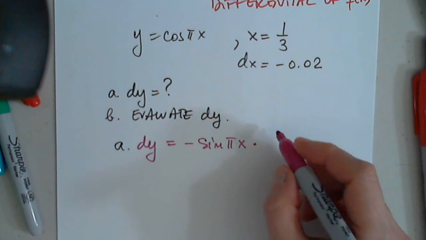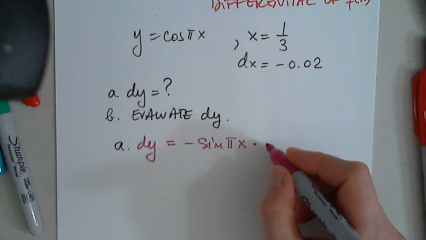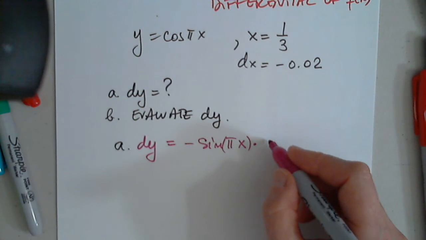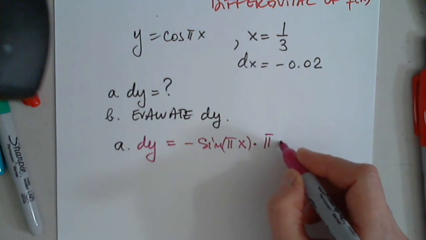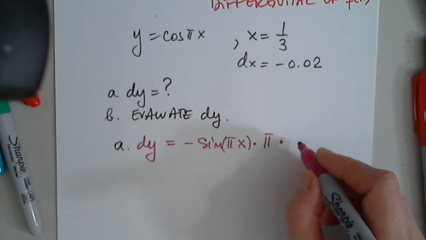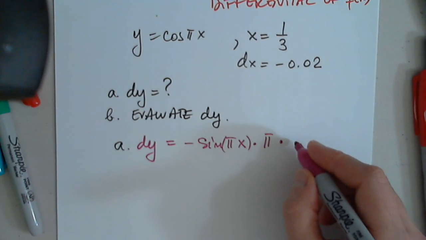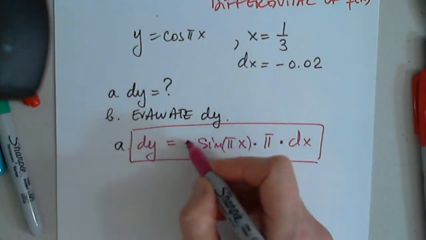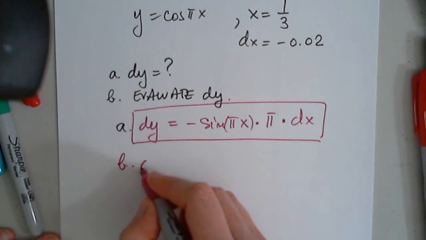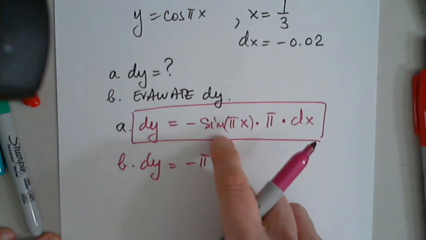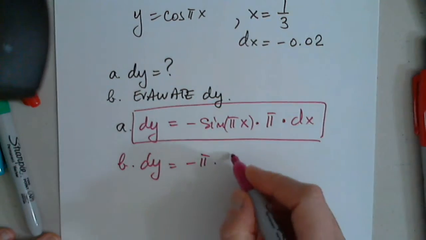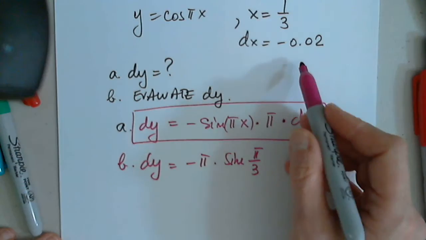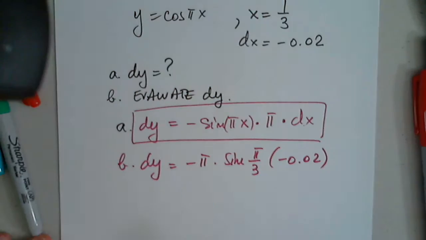So it's negative pi times sine pi x, times dx. Thank you very much. This is it. Yes, I should put pi in front. That's okay. So then dy, I have negative pi, I have sine pi x, pi divided by 3, and multiply by dx, which is negative 0.02.